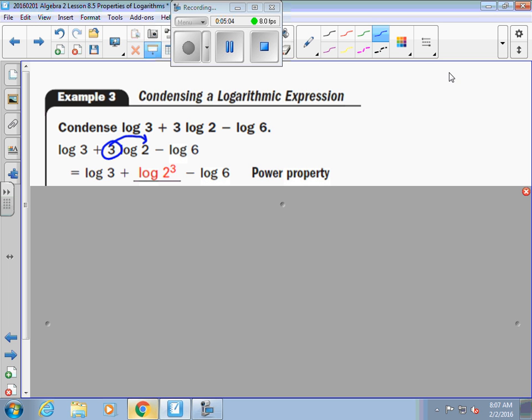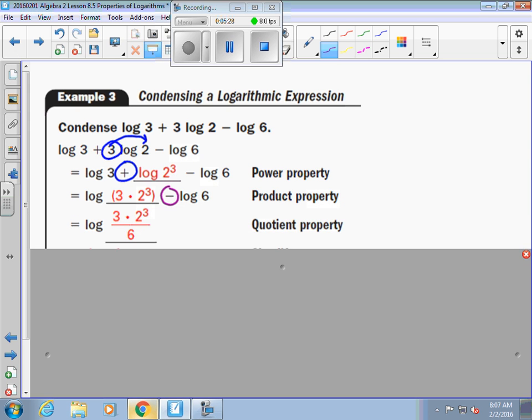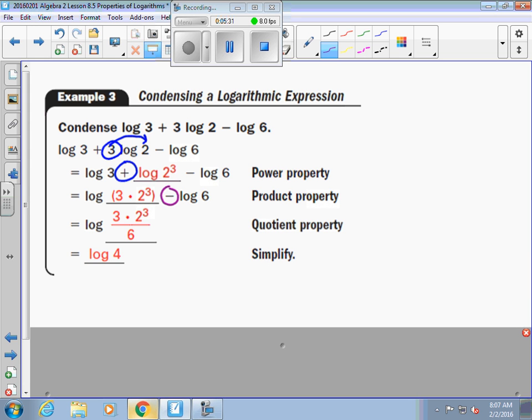Then you want to put together the fact that addition here pairs with multiplication. So log of 3 times 2 cubed minus log of 6. Then you want to put together the fact that minus here pairs with division. So it becomes log of 3 times 2 cubed divided by 6.